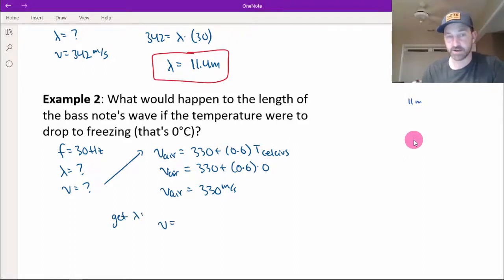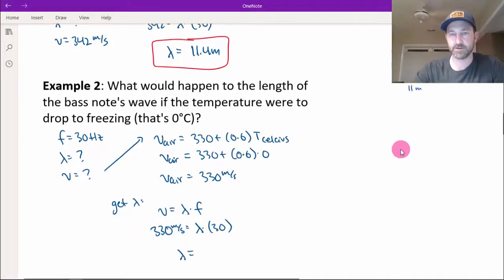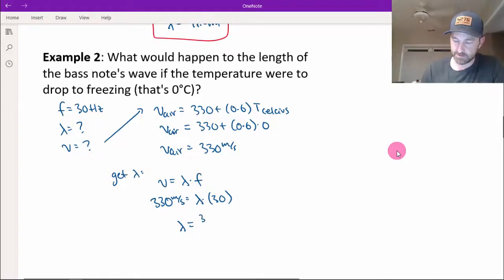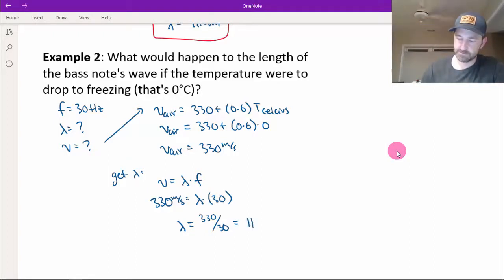The standard equation for the velocity of a wave, but now I'm using 330 meters per second, lambda is my unknown, and 30 hertz is my frequency. I divide by 30. 330 divided by 30, and I get 11.